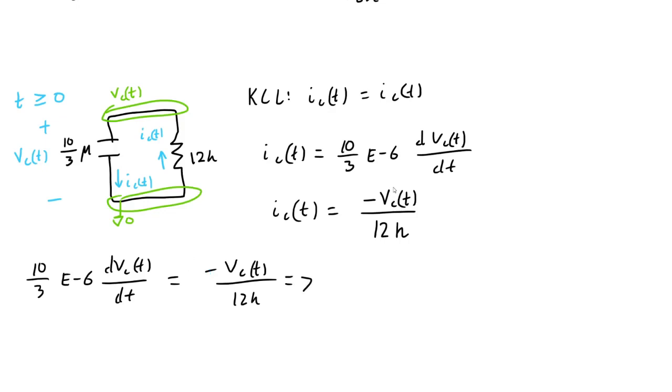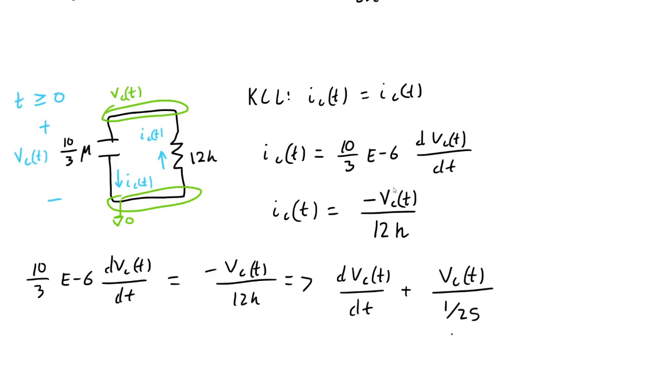So if I divide both sides by 10/3 microfarads, we're going to have a final expression that looks like this: dVC(t)/dt plus VC(t) divided by 1 over 25, which is our time constant, tau.